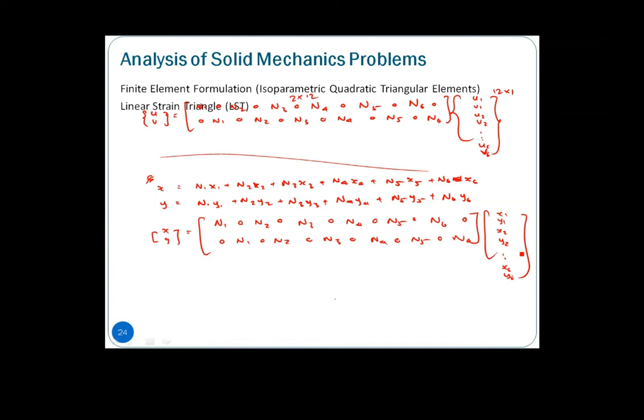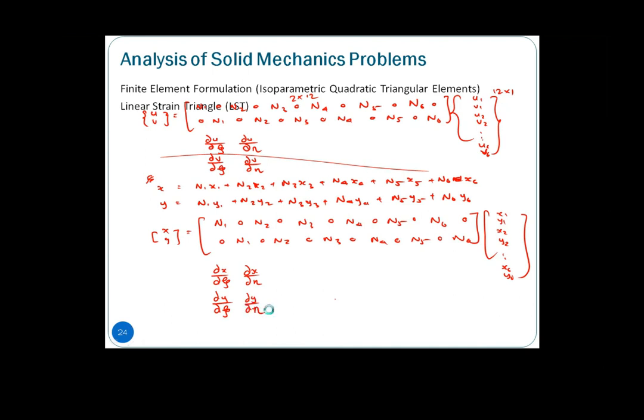All right. So if we can find this, basically from these two, here we can get our del u, del psi, del u, del eta, del v, del psi, del v, del eta. So from here we can find our del x, del psi, del x, del eta, del y, del psi, del y, del eta.